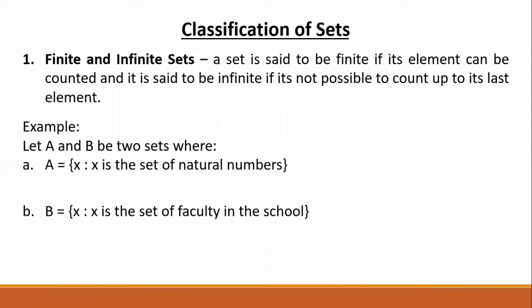From 1, 2, 3, 4, 5, 6, 7, 8, and so on. What is the classification? Is it finite or infinite? That's right. Infinite, since the set of natural numbers is not possible to count. Therefore, set A is said to be an infinite set.